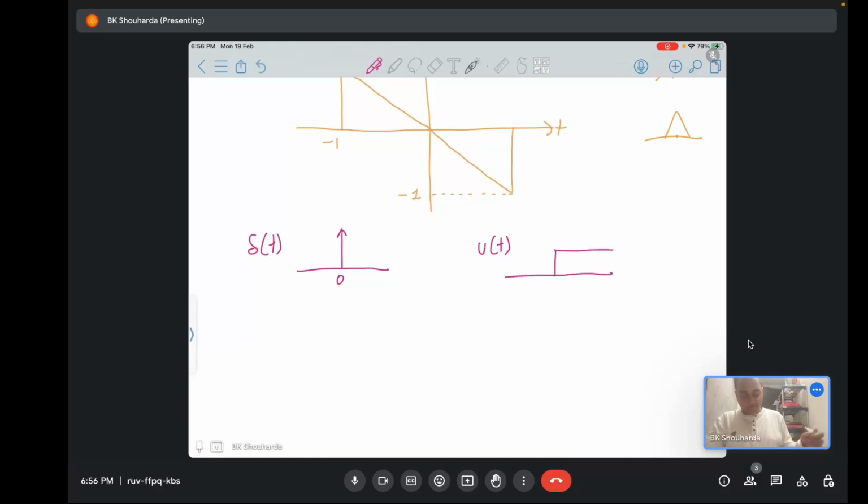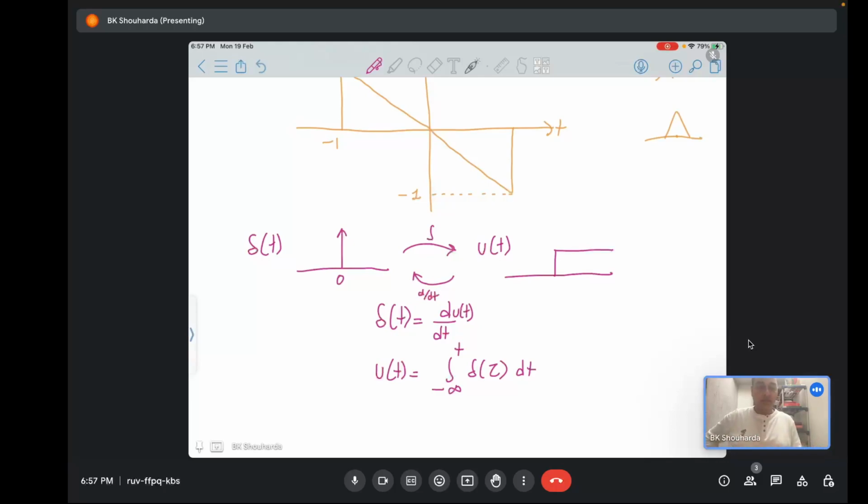And we notice the relationship: delta t is the derivative of the unit step, and the unit step is the integral of the impulse. So you integrate one or differentiate the other, and you have this cycle going on.